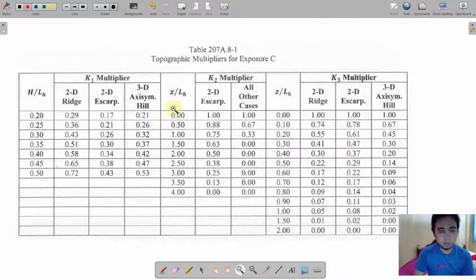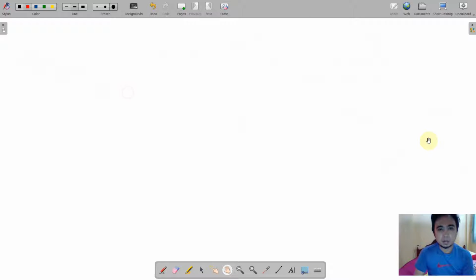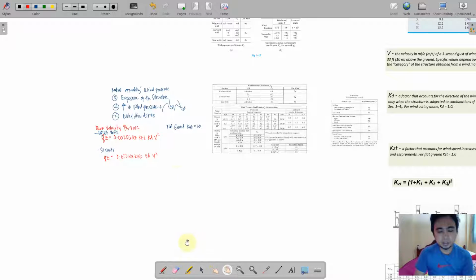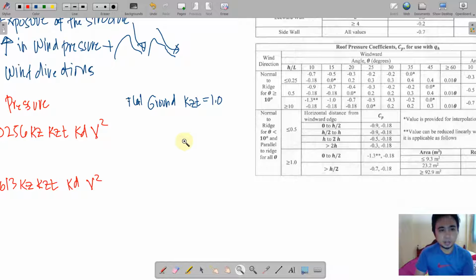We'll just have to get values from this table and then substitute in the equation of KZT to come up with the coefficient. Now, sabi nga natin, kapag flat ground, KZT is just equivalent to 1.0.